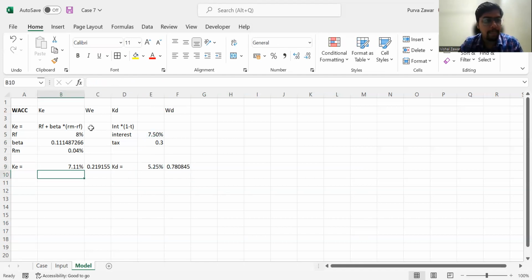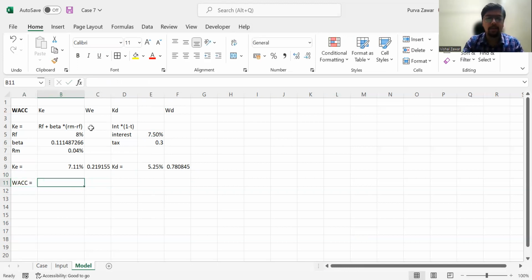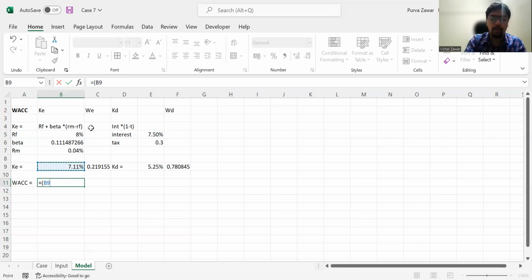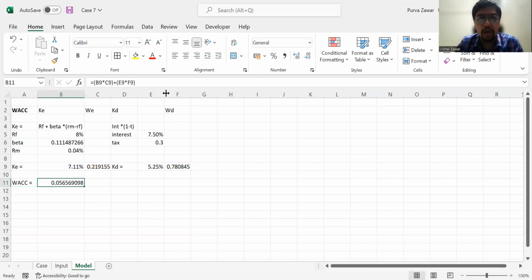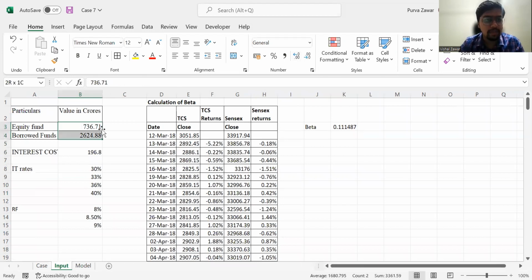The remaining part is equity. So the weighted average cost of capital is equal to cost of equity into weight of equity plus cost of debt into weight of debt.